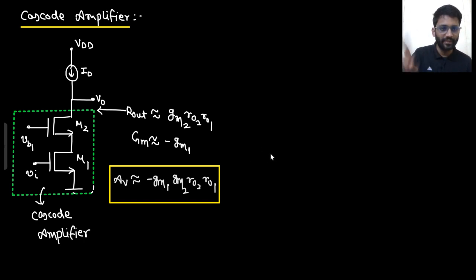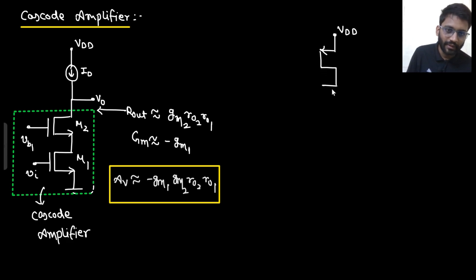Now we will make the same thing using PMOS. In PMOS, this is the common source amplifier, and this is the supply. Where will I apply my input? Here I will apply my input, not here. If I apply my input here, this will become r02 or whatever it is.